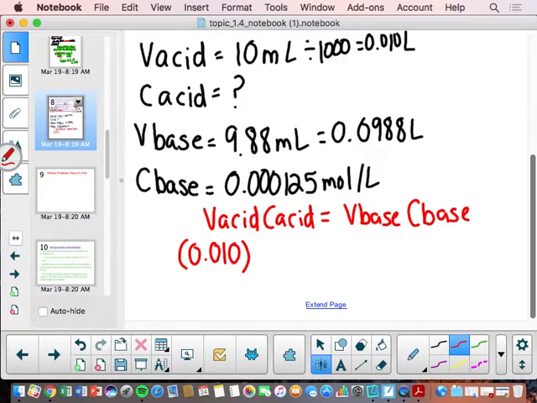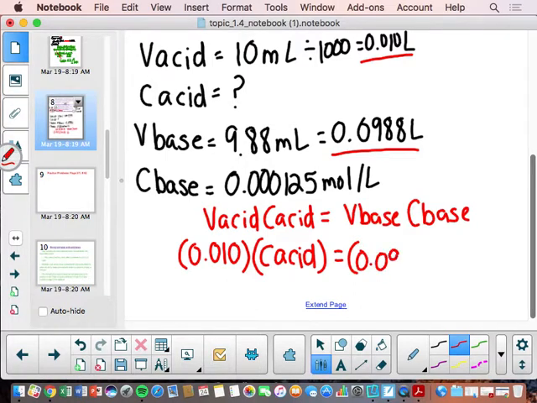That's what we found up here. Our C acid is, that's what we don't know. That's our missing piece. So I'm going to write C acid in the bracket. It's equal to our V base, which we've known as being this. And our C base, we know as 0.000125.